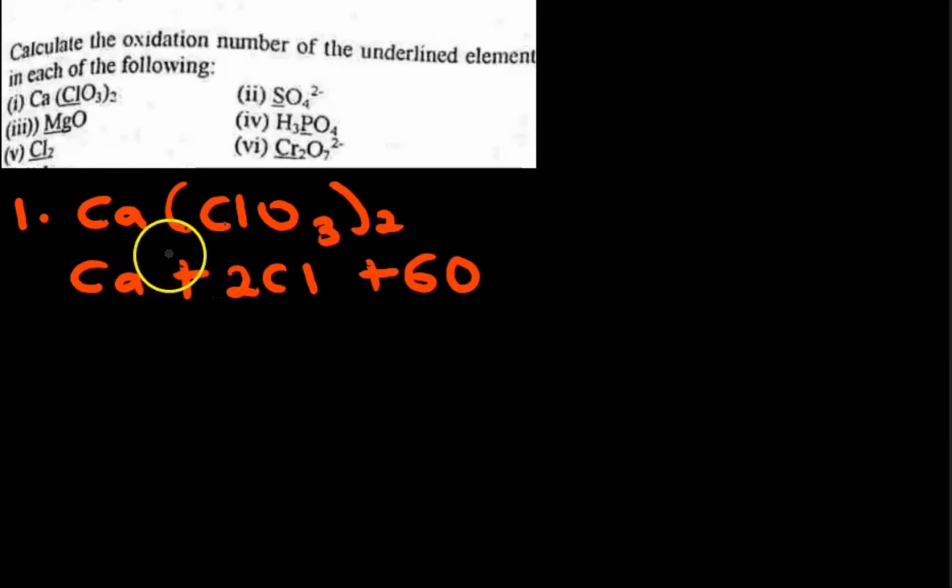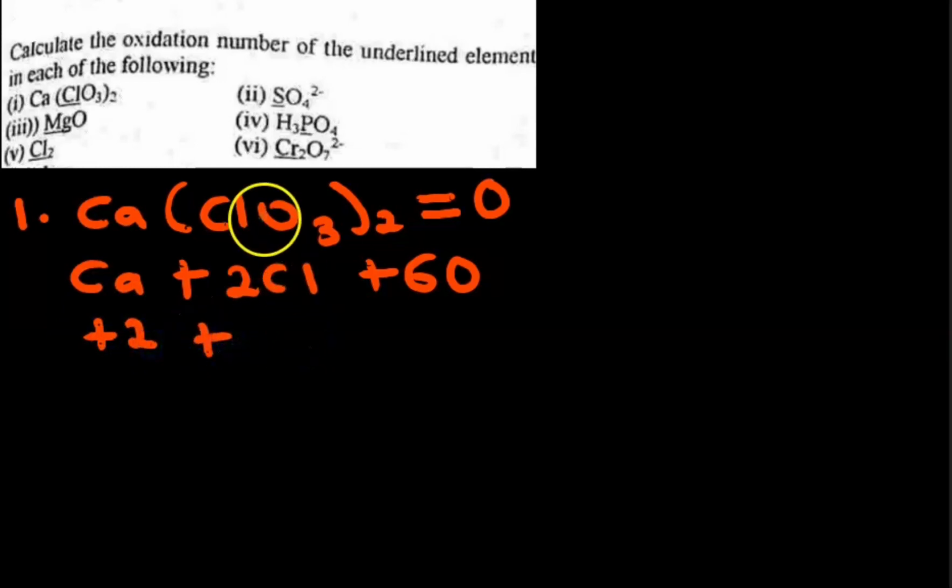First of all, remember that for a compound, the total oxidation number of that compound is equal to 0 because there's the same number of anions and cations in that compound. So calcium is in group 2, the oxidation number is +2, plus Cl.